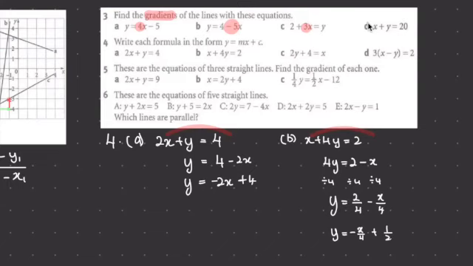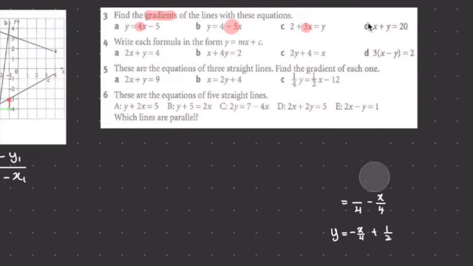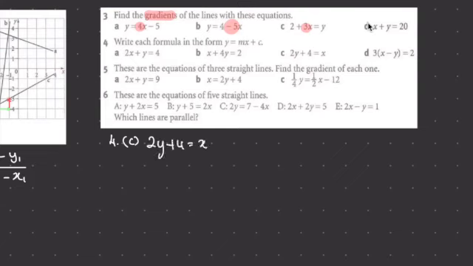Now look at question C. 2y plus 4 is equal to x. Move the 4 instead, because we need to leave y alone. Everything divided by 2. x over 2 minus 2.